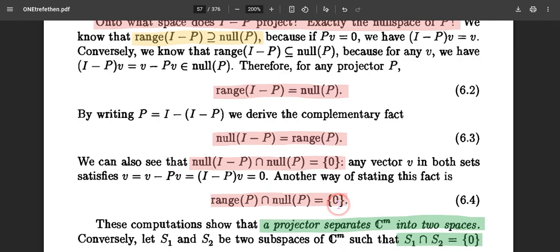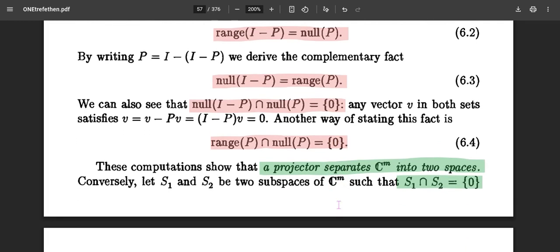a null set. What it all means is that any space in C^m can be separated into two spaces which are complementary to each other, meaning that their intersection is a null set.